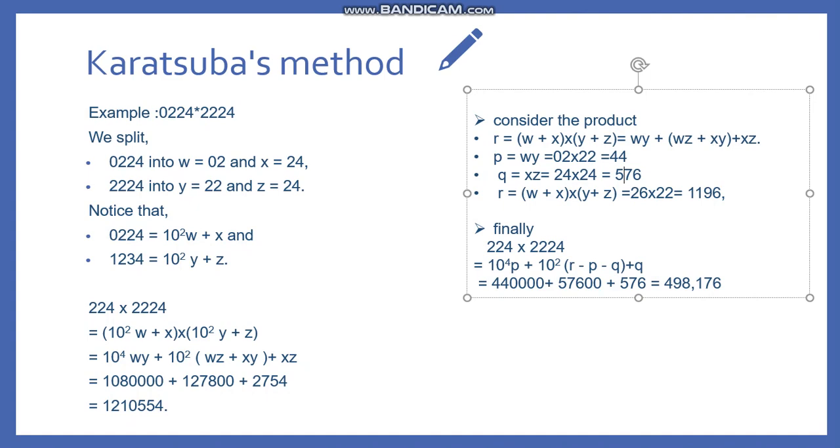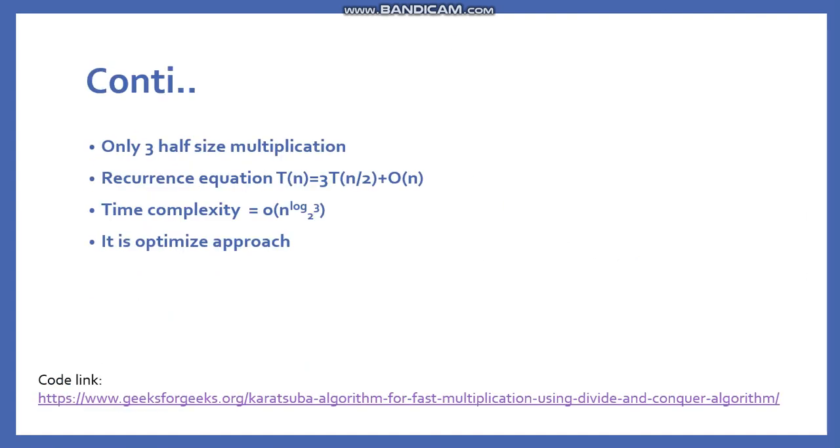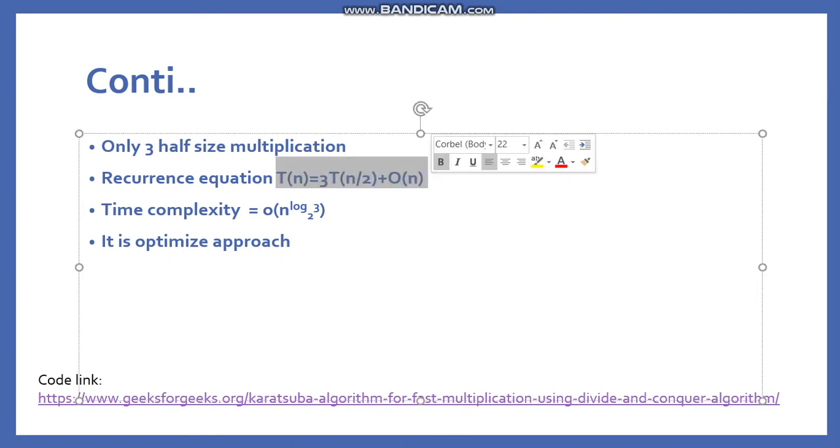So in this method we only require three half-size multiplications for the answer. This is the recurrence formula for it, and from the master method we can say the time complexity is n raised to the power log 3 base 2.